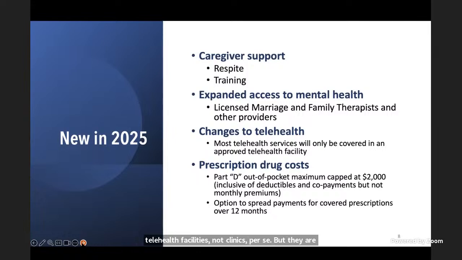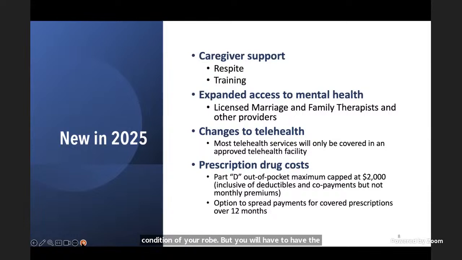They may range from an office to something that looks kind of like a phone booth. And you can go in there and have telehealth appointments with a provider. And so starting January 1st, no more couch and robe. I guess you could still wear your robe down to the telehealth facility, depending on where you live and the condition of your robe. But you will have to have that appointment scheduled in an approved telehealth facility.